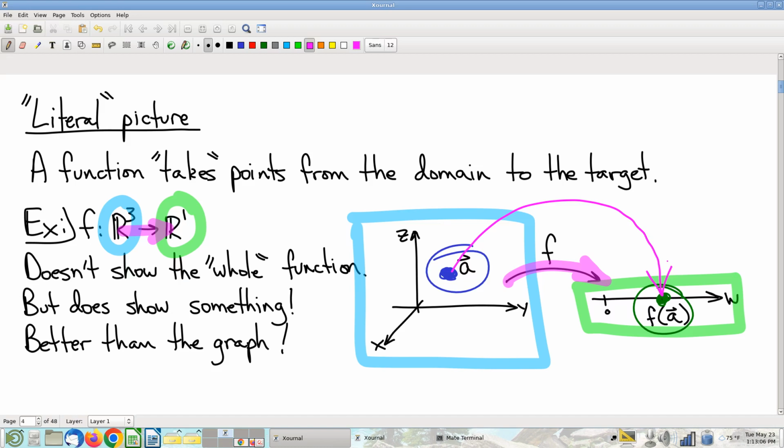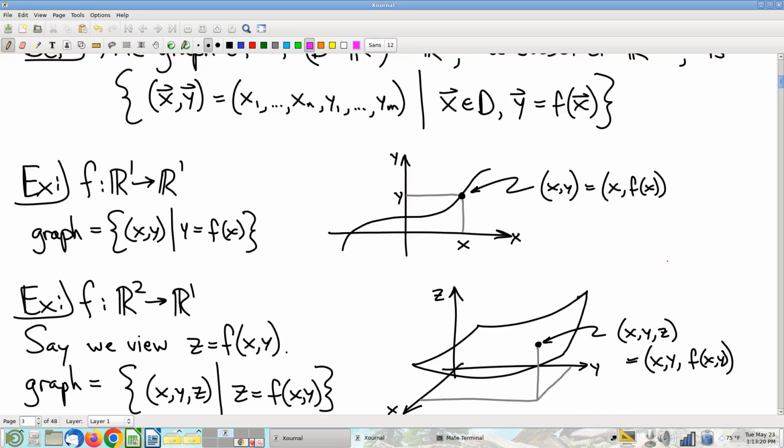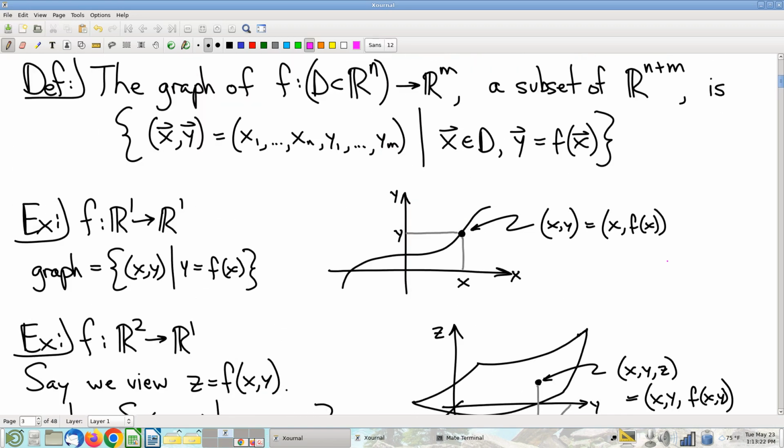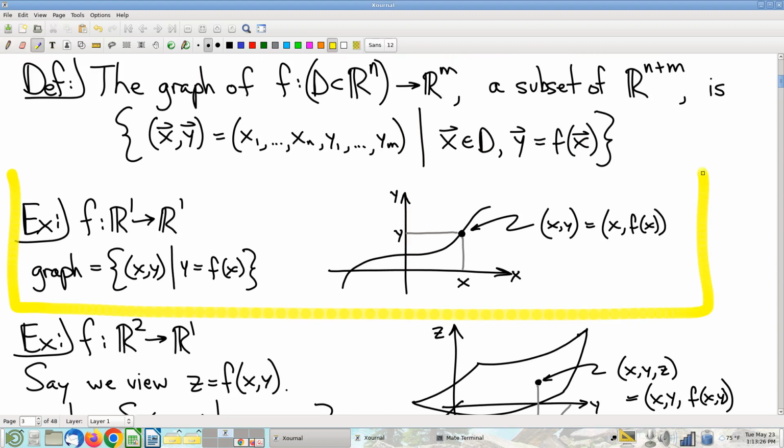So now this does not look like a useful picture, right? After all, what I have drawn on the screen here only represents what's happening to just the one input value. Now by comparison, let's come over to here and look at good old single variable calculus days. In single variable calculus days, we were drawing pictures like this, and we didn't just draw one point at a time.